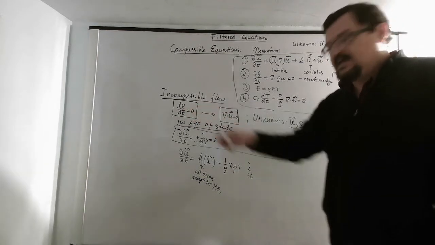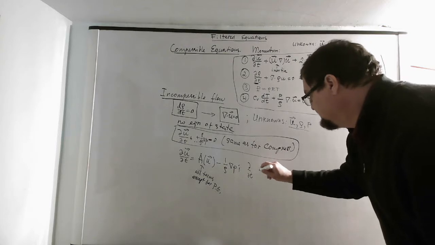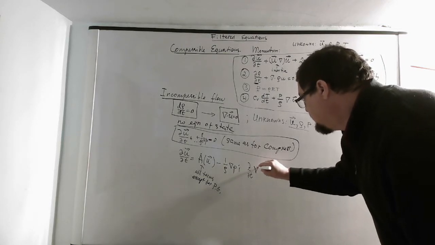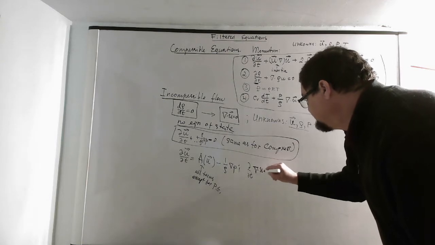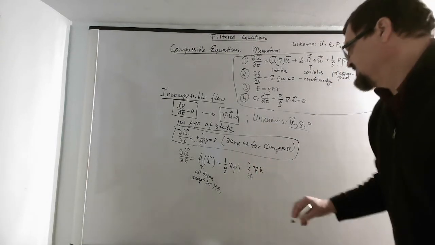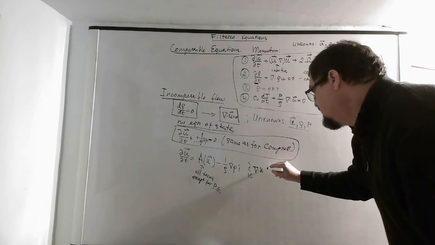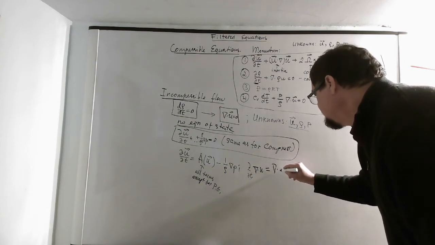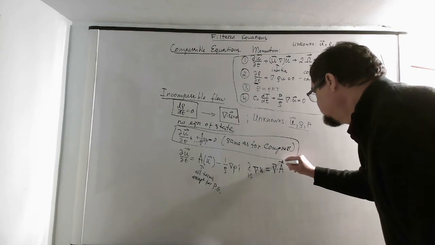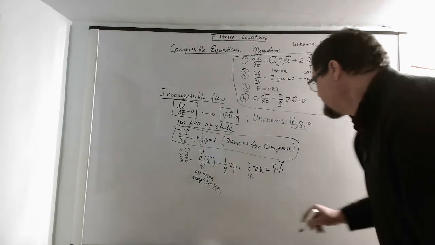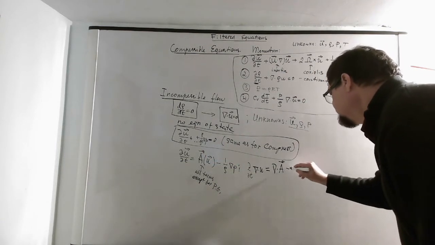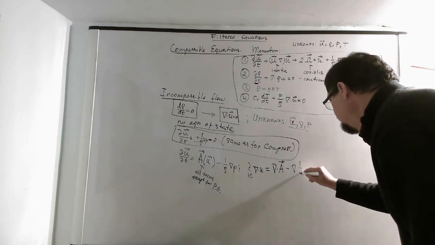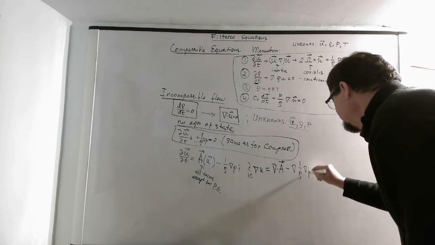But with partial, it can be done. So it's d dt of divergence u, we just switched, equals divergence of A, this vector, and minus divergence of 1 over rho gradient of P.